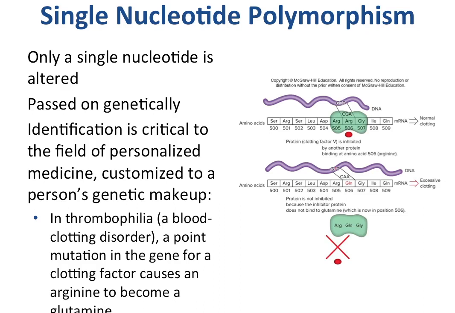For example, thrombophilia is one type of clotting disorder. In this disease, a point mutation in a clotting factor causes arginine to become glutamine.